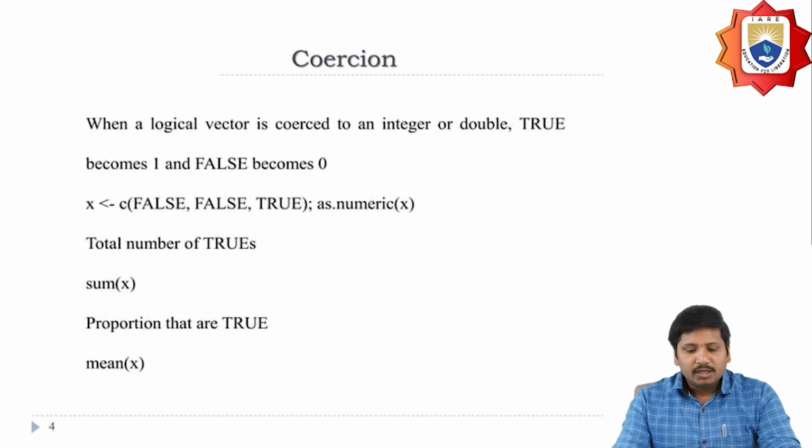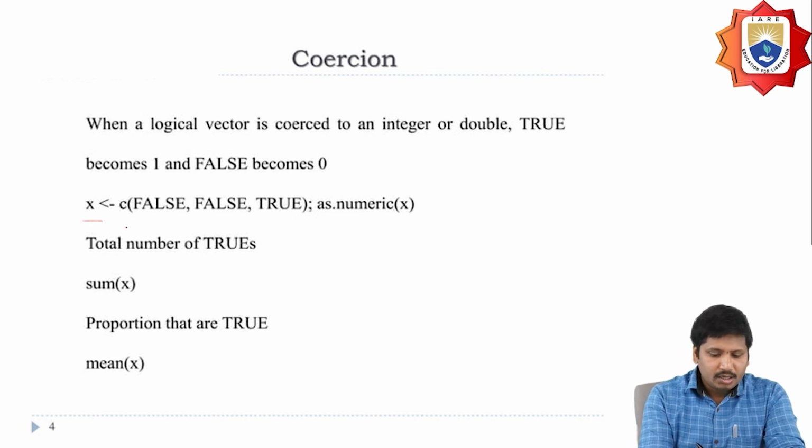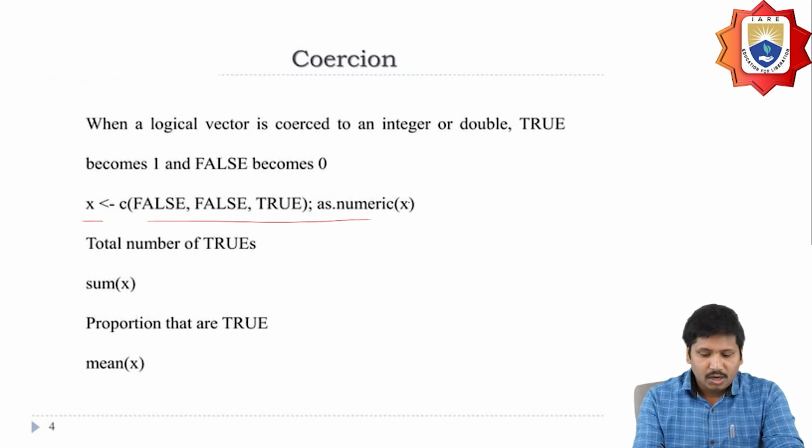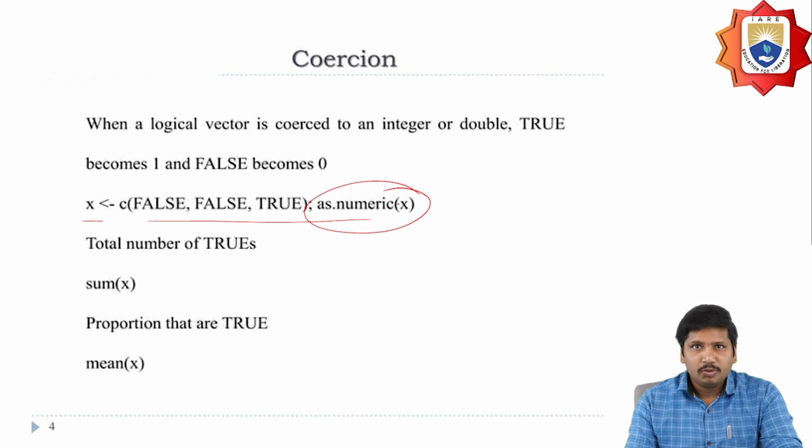When a logical vector is coerced to an integer, true becomes 1 and false becomes 0. How can we do that? We create a vector of false, false, and true, and convert it with as.numeric of x.